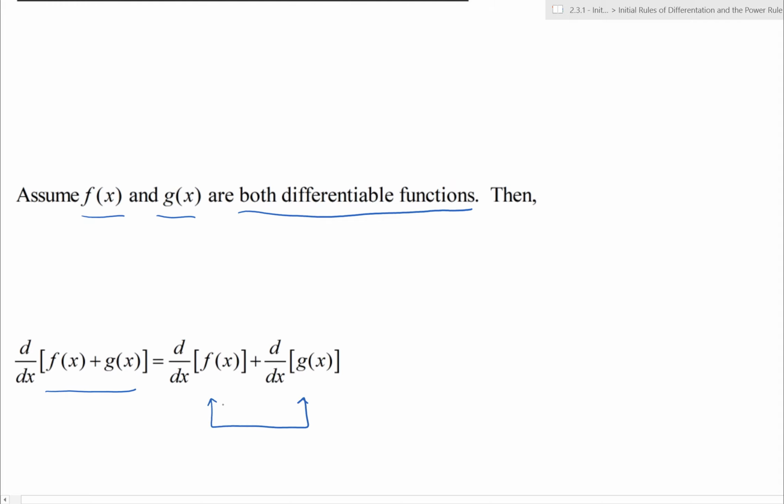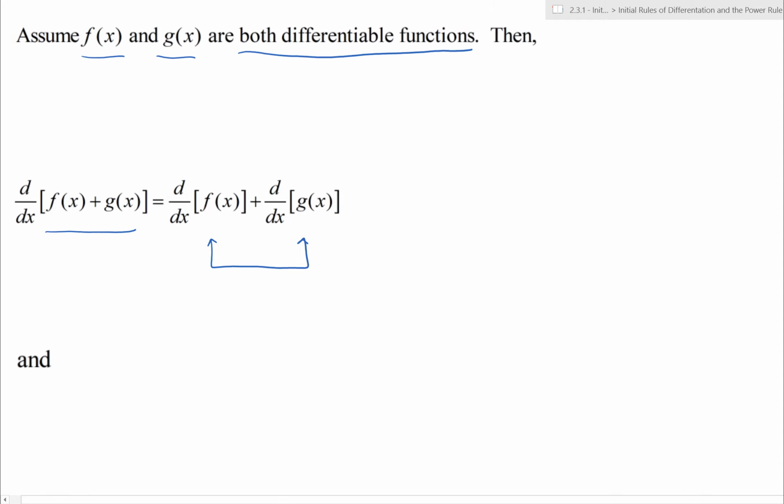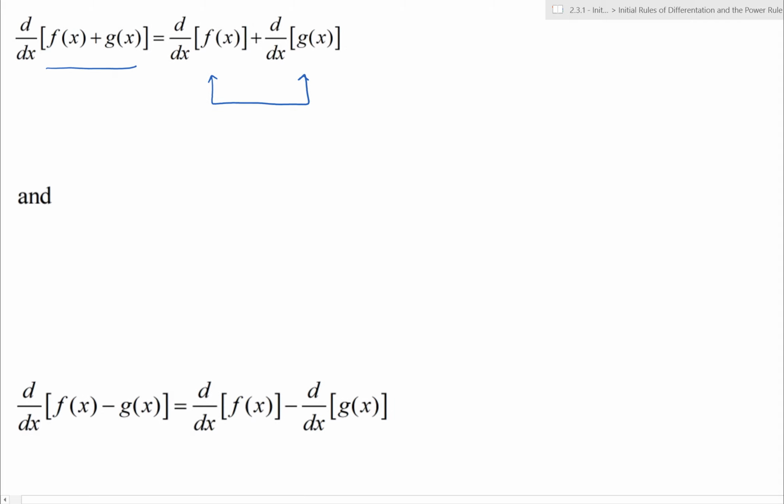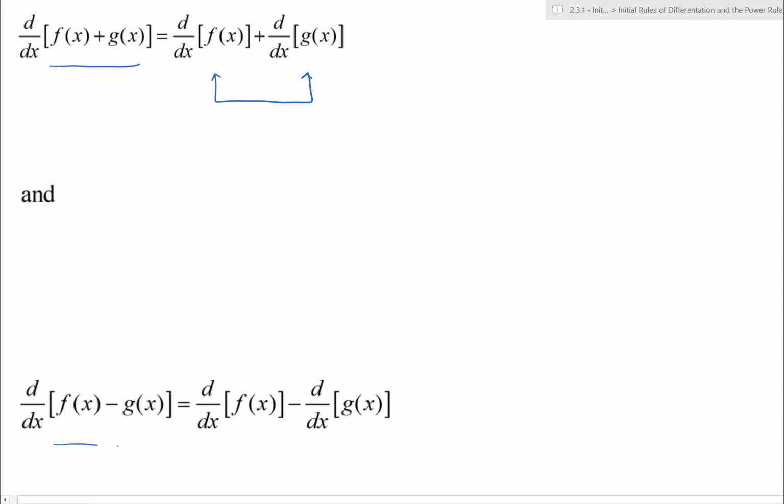So this allows us to differentiate term by term if we have a whole bunch of terms in one single function. And then similarly, the difference rule, if I take the derivative of the difference of the two functions f and g here, then it is the difference of their individual derivatives. So again, differentiating term by term, and it doesn't matter if there's a plus or minus in between the terms, still combining them.